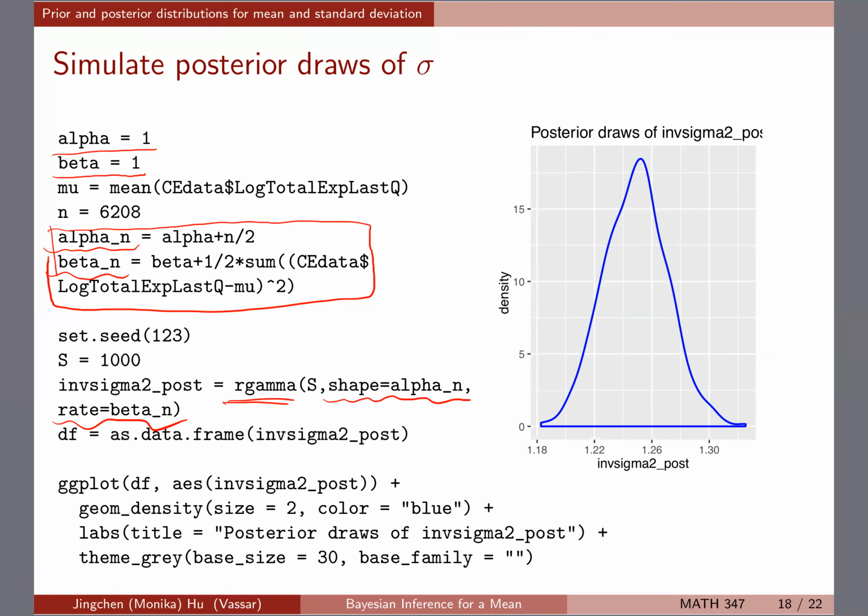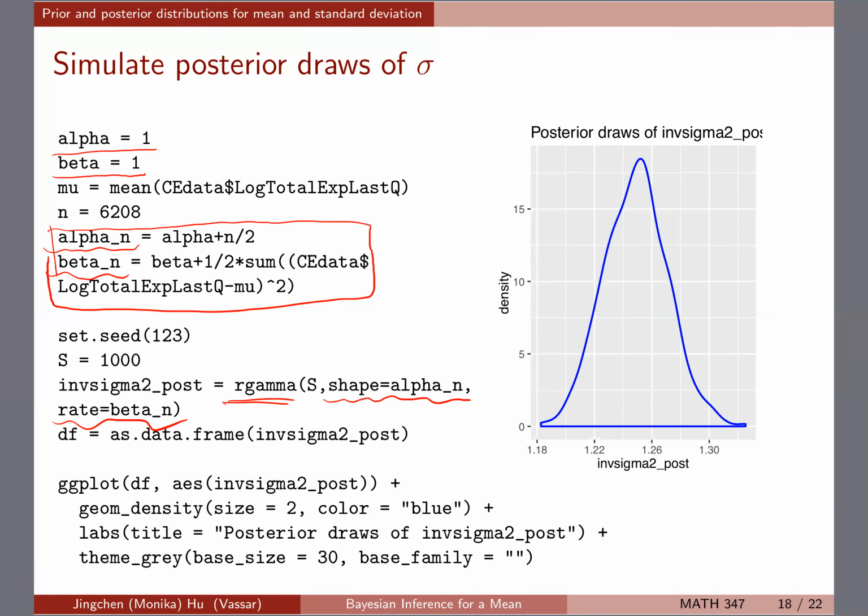When we're doing conjugate, we know exactly what the posterior distribution is, okay? So I would recommend you to stay away from using the Bayesian crank anymore, because now we know exactly the distribution. You can do inference through simulation, like rgamma, rnorm, and rbeta, depending on which parameter you're working with.